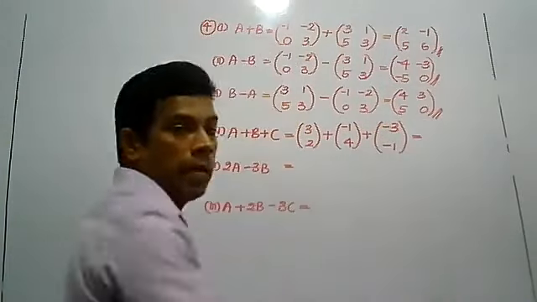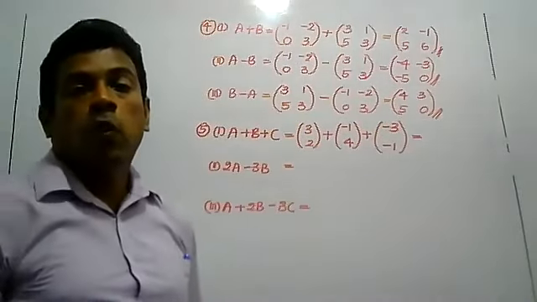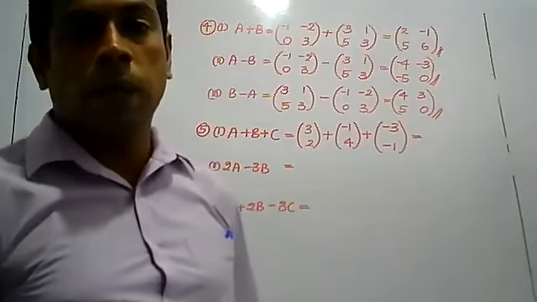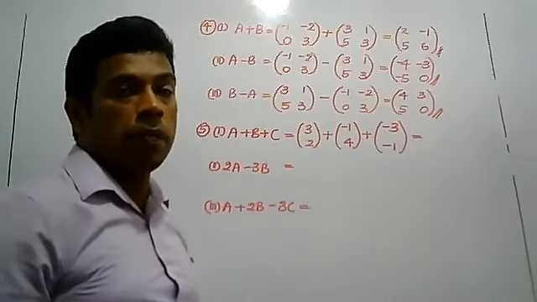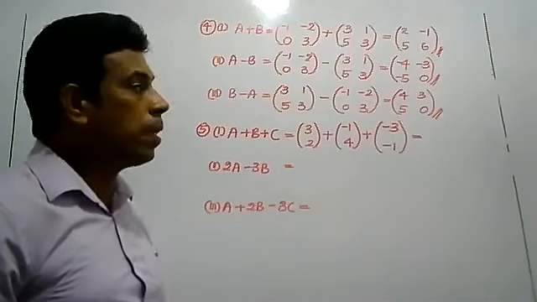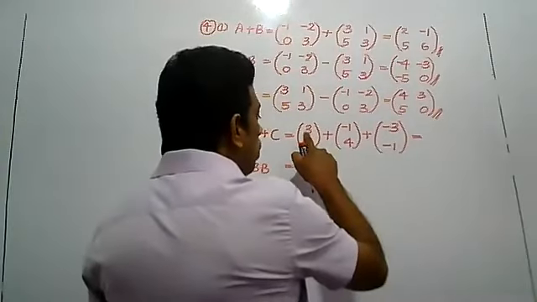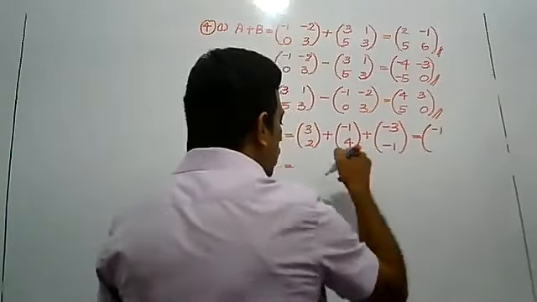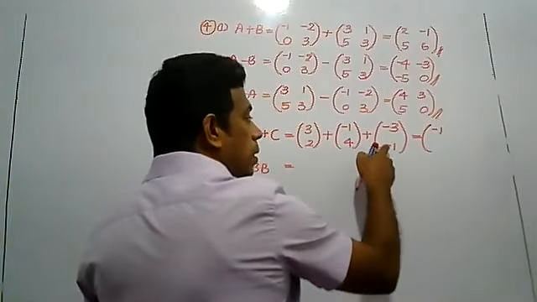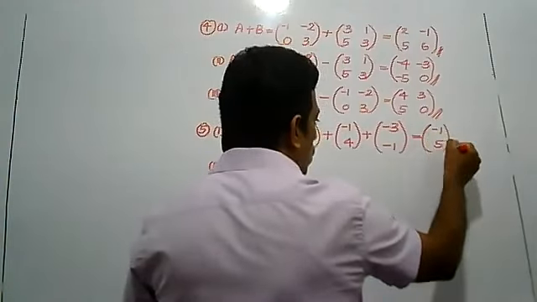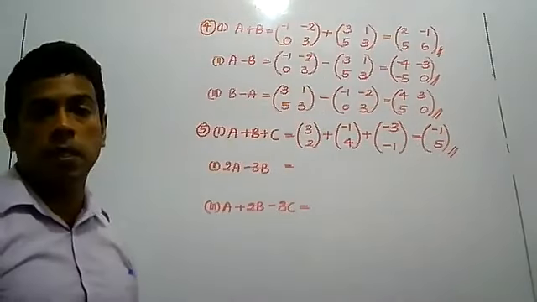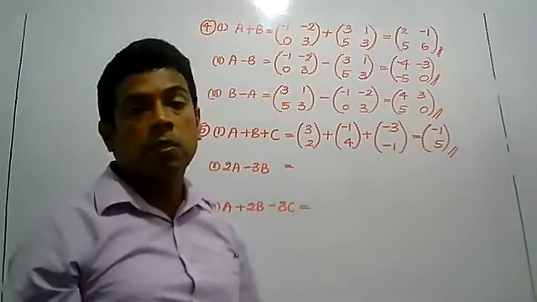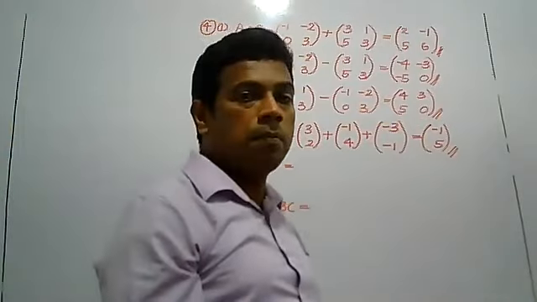In the first part, we want to add these three matrices, the sum A plus B plus C. Answer: 3 minus 3 is 0, then minus 1 remains. 2 plus 4 is 6, 6 minus 1 is 5. So the answer for A plus B plus C is a column matrix of order 2 by 1, with elements minus 1, 5.